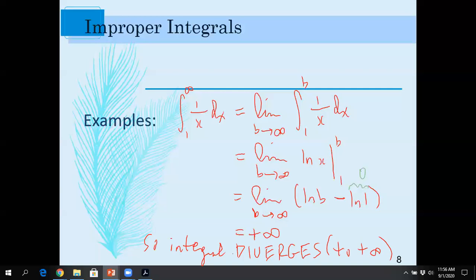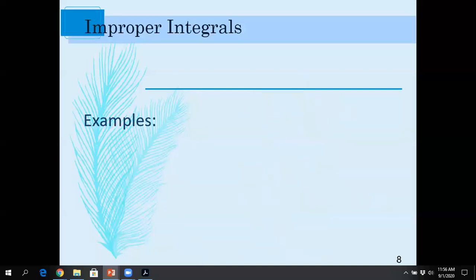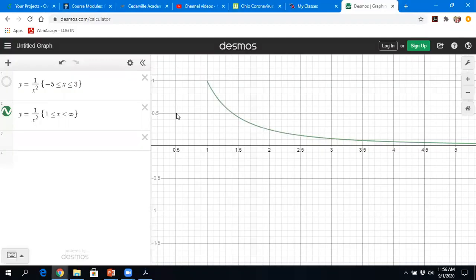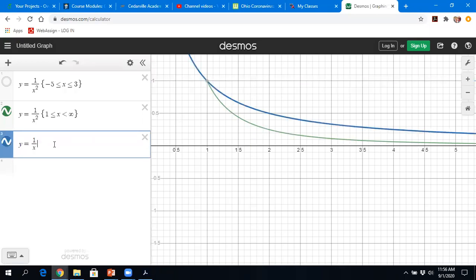Now the graph of 1 over x on 1 to infinity looks similar to the graph of 1 over x squared, okay? Any questions on that? I want to show you a picture here. Let's go over here to the graph. This time I had y equal to 1 over x, from 1 less than or equal to x less than infinity, okay?